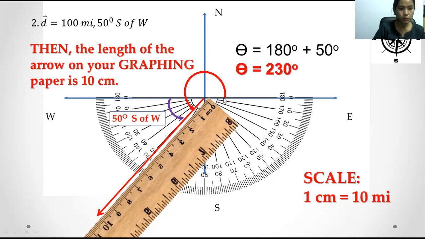Now angle theta is given by, from the positive x-axis going to the negative x-axis, 180 degrees, plus 50 degrees south of west. Then our angle theta measures 230 degrees. So we have to take note again of two important quantities: 100 miles and 230 degrees.